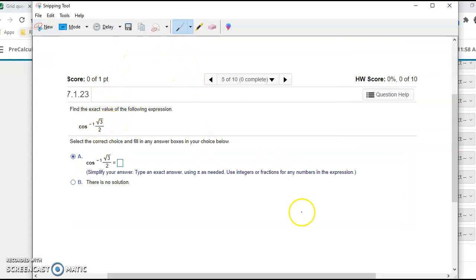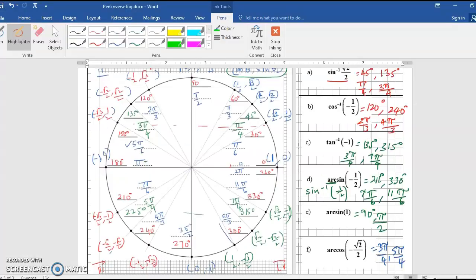root 3 over 2. Now you have to look at the inverse, the angle of cosine, which has a value of square root of 3 over 2. I would strongly recommend you have your unit circle in front of you. You look at the x coordinates on the unit circle.